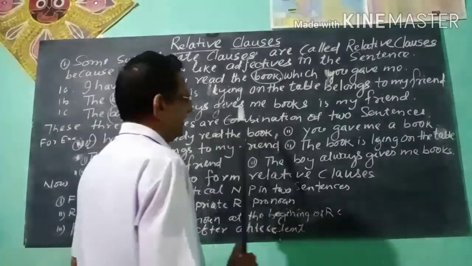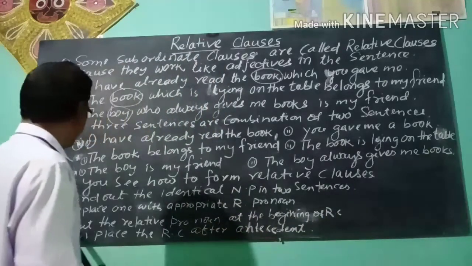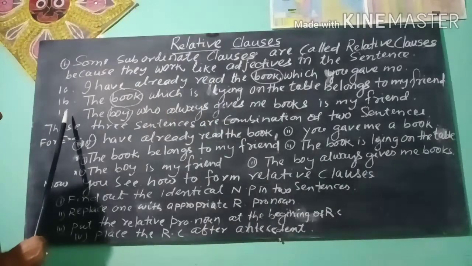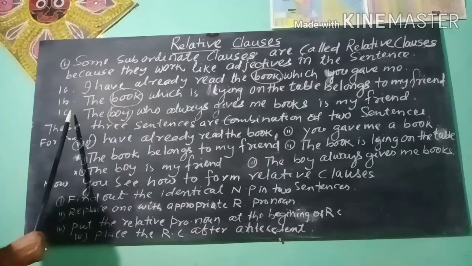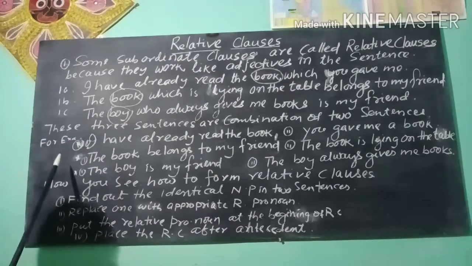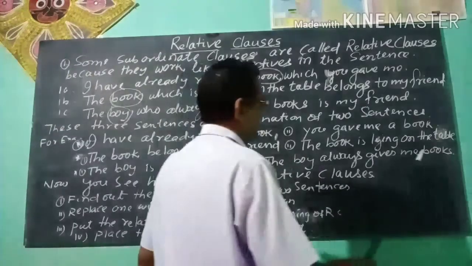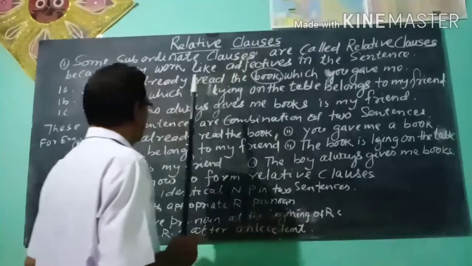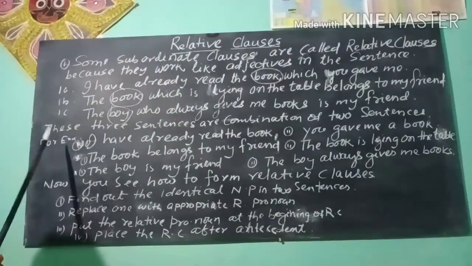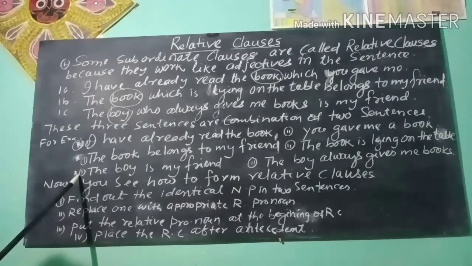And another sentence: the book is laying on the table. If we divide sentence 1c, we get: the boy is my friend, and the boy always gives me books. So each sentence is a combination of two sentences, and there are six sentences in all.